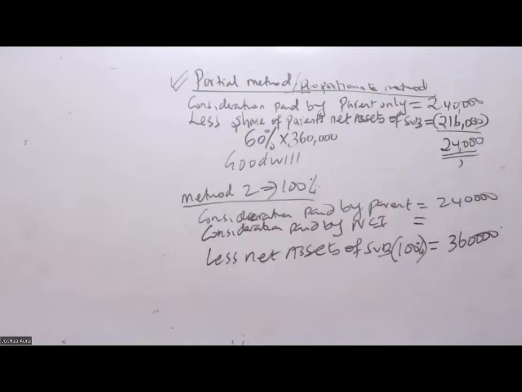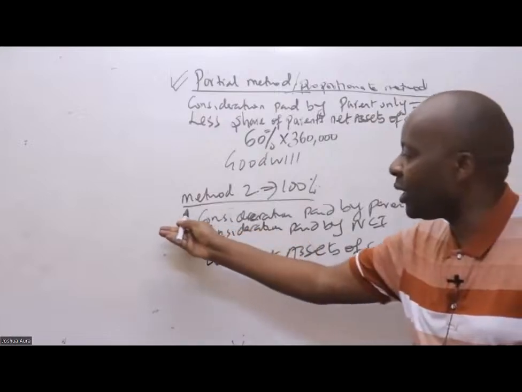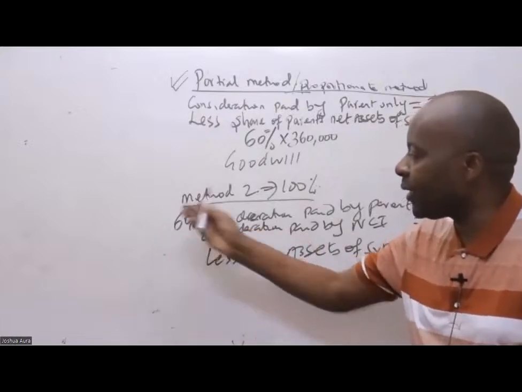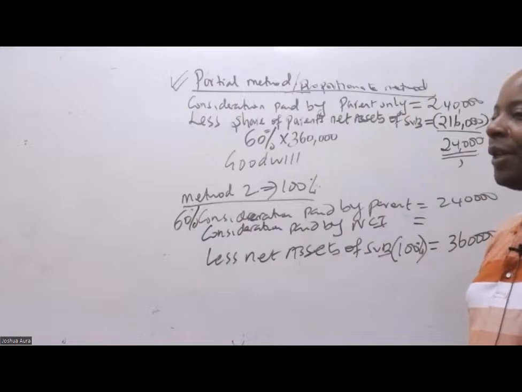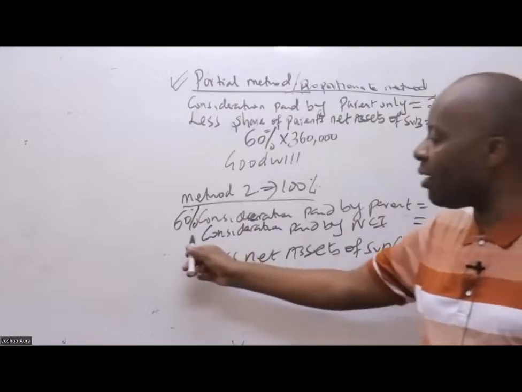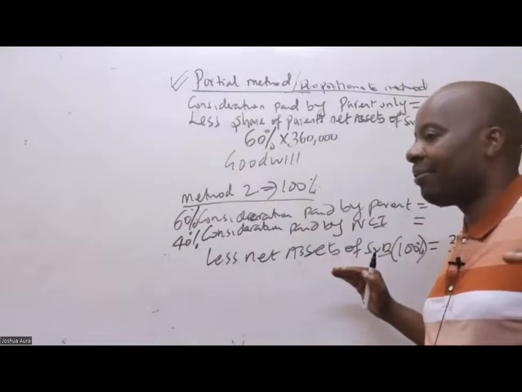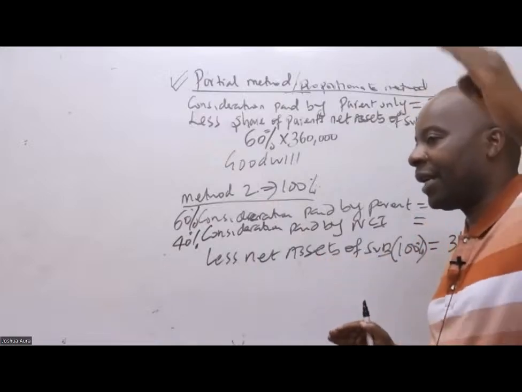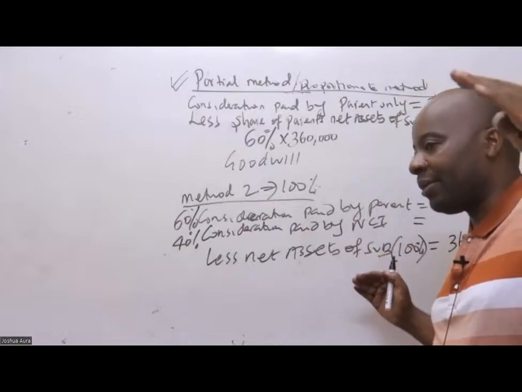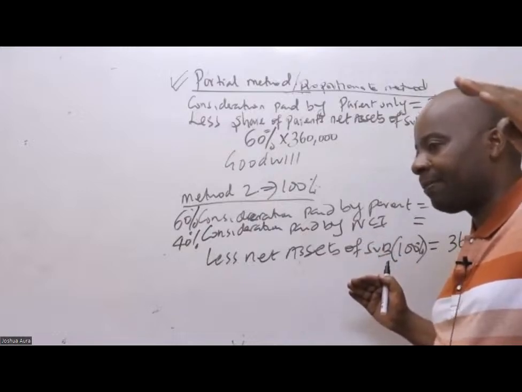Now listen, remember it's 100% reasoning. This parent company, of course, in this case here had 60%. Now, NCI then must be having 40% for us to talk of 100%. If the parent has 60%, NCI must be having 40%. Right?